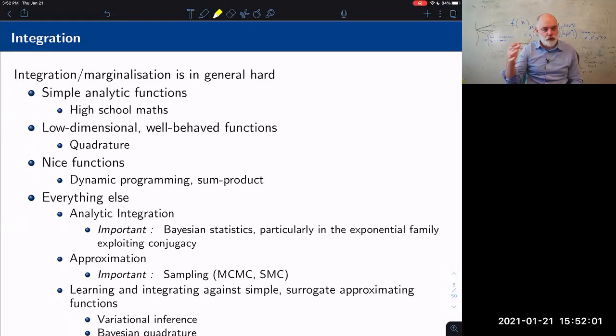Or learning approximating functions that have nice properties that make integration easy. In other words, if you approximate the posterior by some functional family that factorizes across the dimensions, which is known as a mean field approximation, then integrating against such a posterior distribution, which is approximate but easy to work with, is easy.